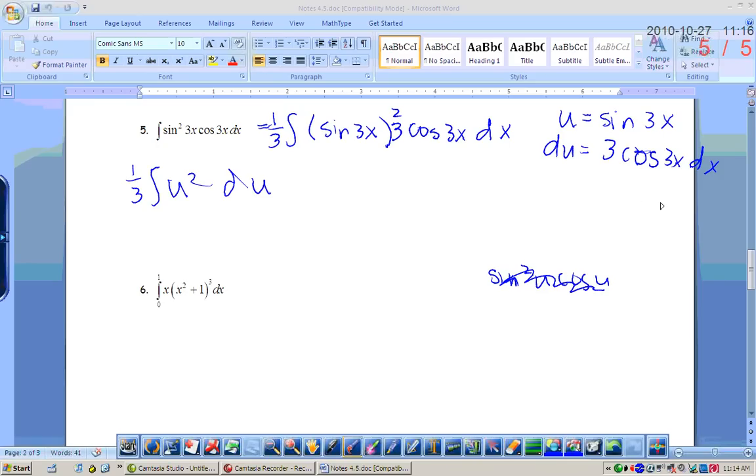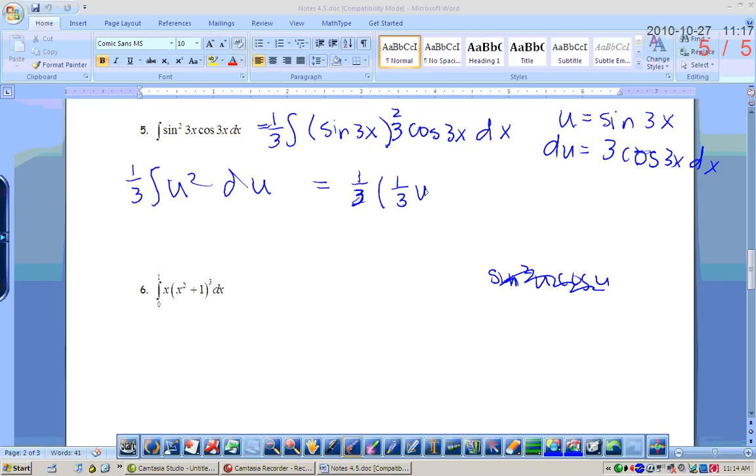Riley, what's your question? Okay, when you take the derivative of sine 3x, the derivative is cosine 3x times the derivative of 3x. All right, everybody okay with the u substitution? So what's the integral of u squared?